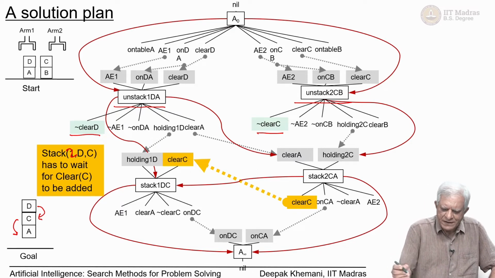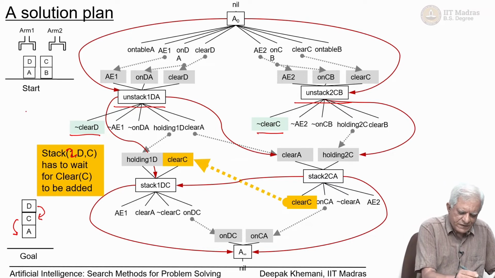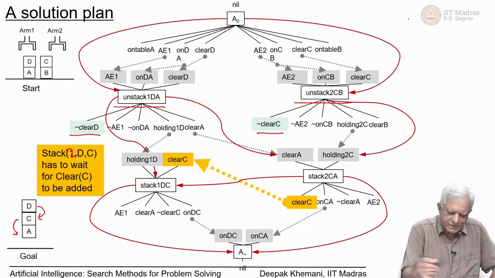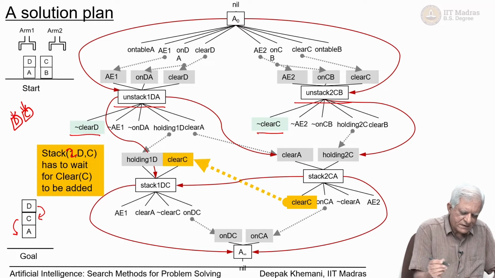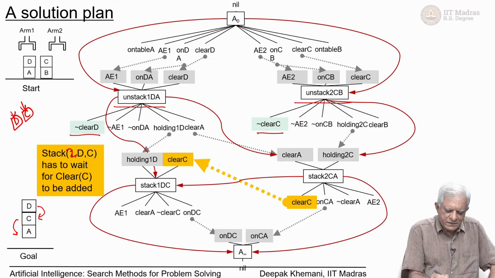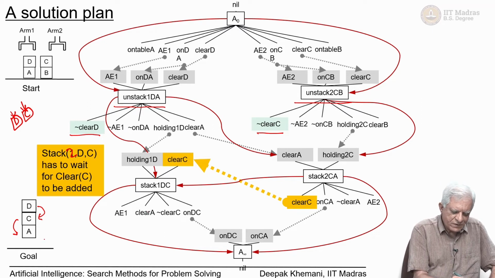So, what is happening? You have these two arms. One is holding D and the other is holding C. So, let us say this arrow stands for an arm essentially, and then your goal says that C should be on A and D should be on C essentially.